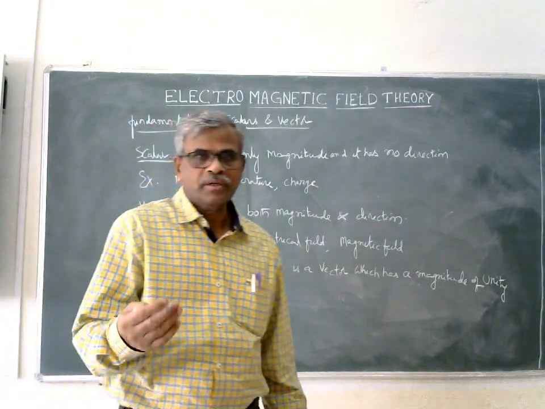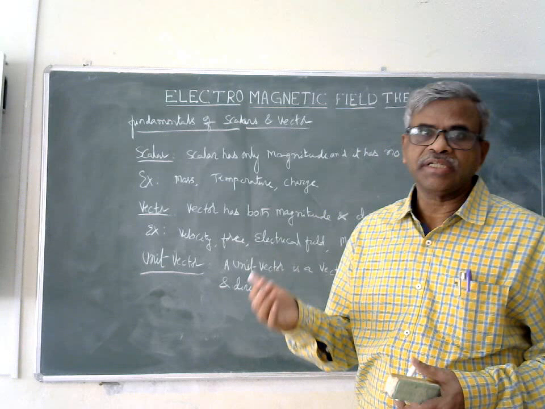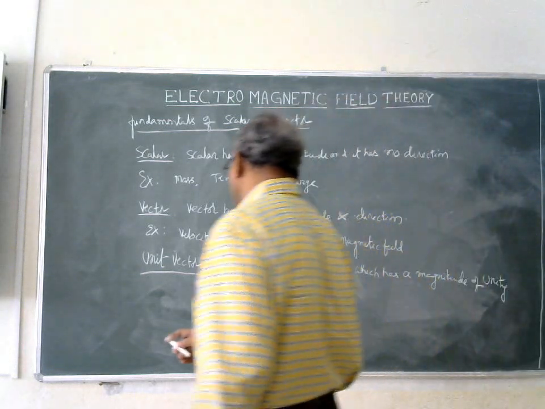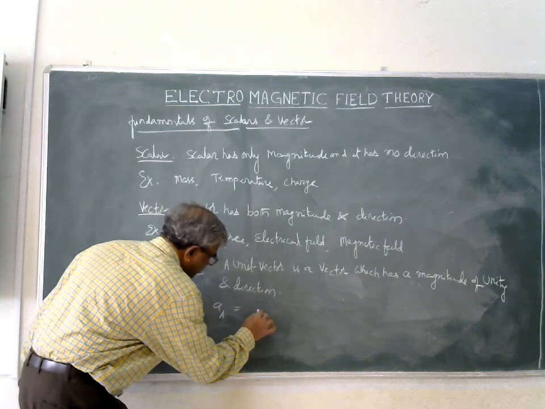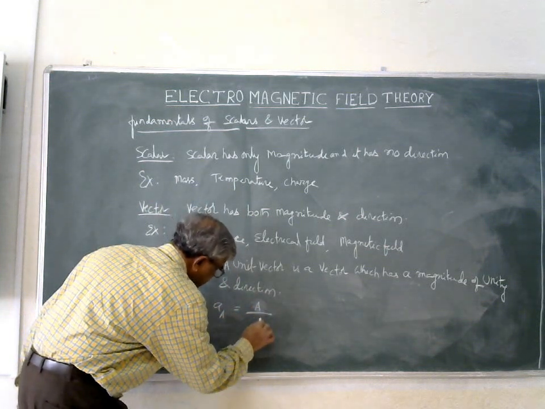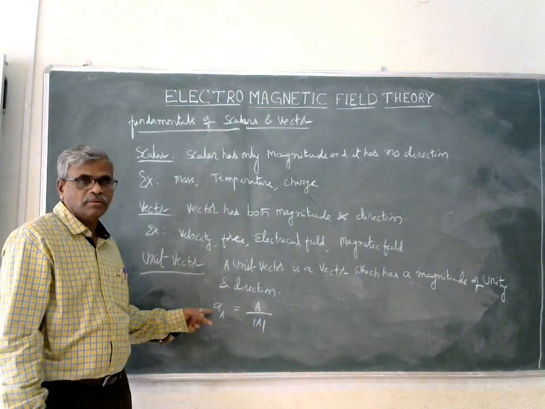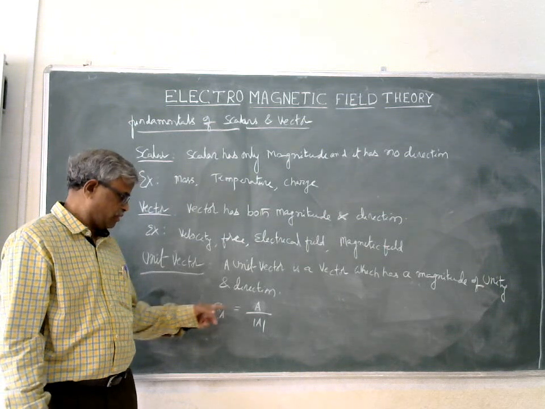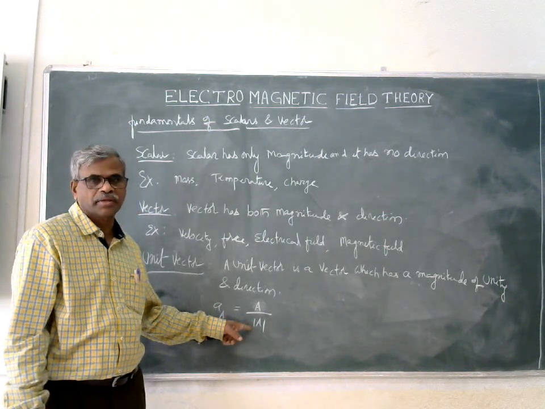The unit vector for a vector is given by dividing that vector by its modulus. So unit vector a is equal to vector A divided by the modulus of the vector. This is vector A, this is the modulus of the vector.